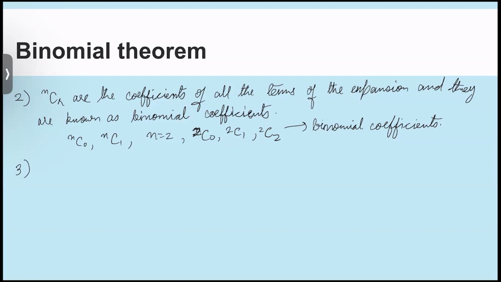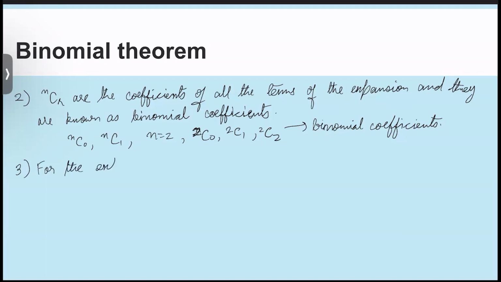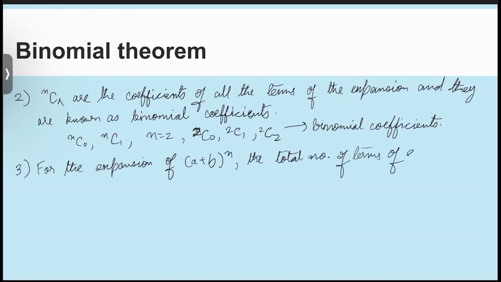For the expansion of (a plus b) the whole raised to n, the total number of terms of the expansion will be n plus 1. Okay, so this is something that we have already seen before.